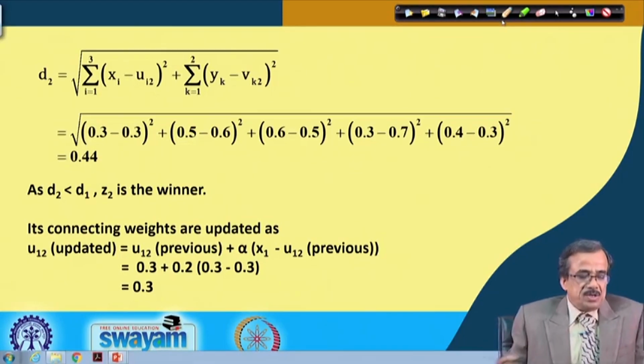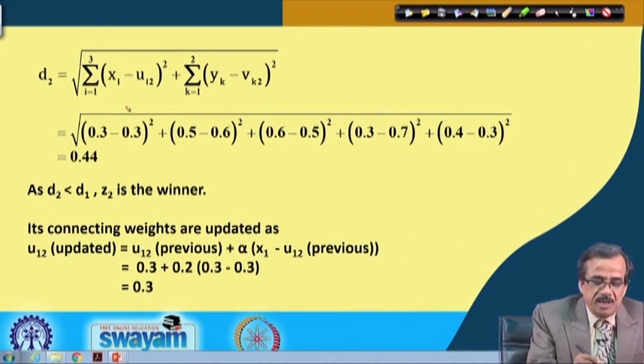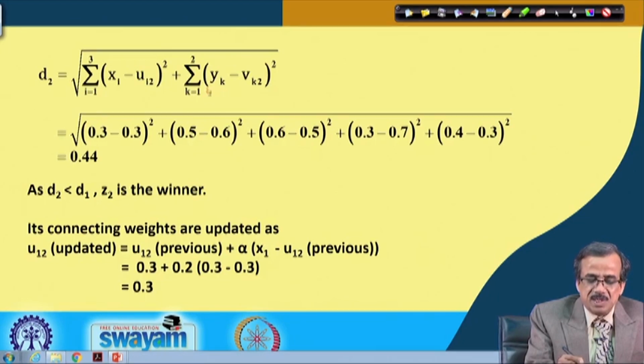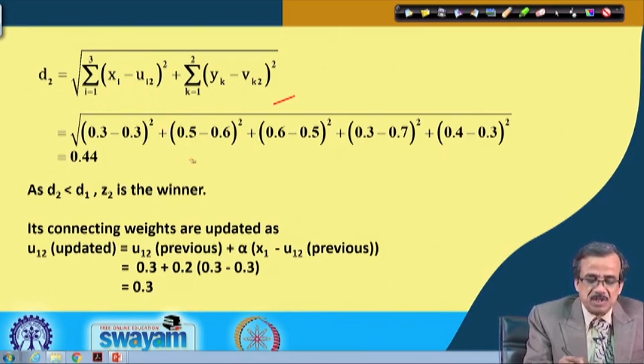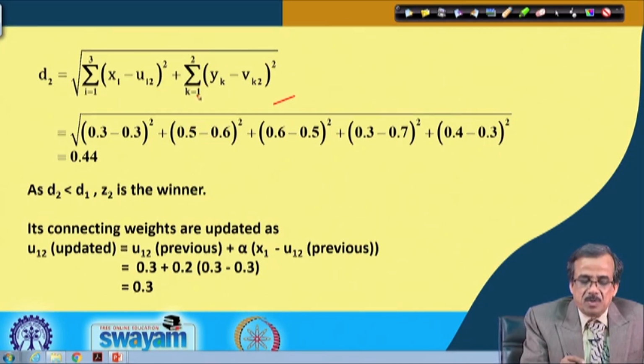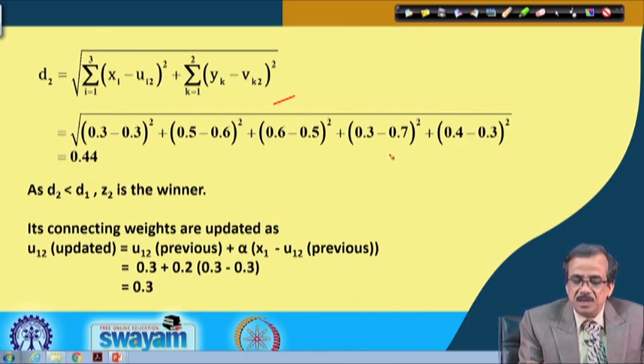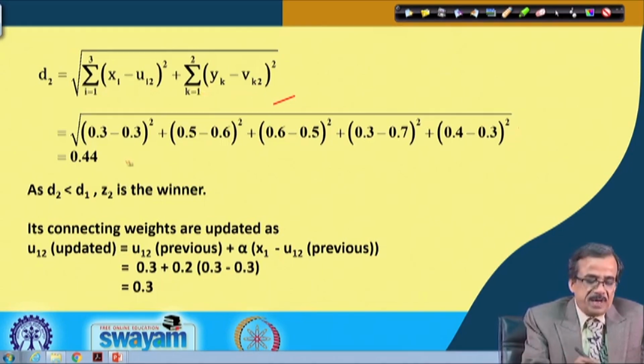This particular d2 is the square root of summation i equals 1 to 3 (xi minus ui2) squared plus summation k equals 1 to 2 (yk minus vk2) squared. If I put i equals 1, I will be getting (x1 minus u12) squared plus (x2 minus u22) squared plus (x3 minus u32) squared plus summation k equals 1 to 2, that is (yk minus vk2) squared, k equals 1, (y1 minus v12) squared plus (y2 minus v22) squared, and if you calculate, d2 is equal to 0.44.